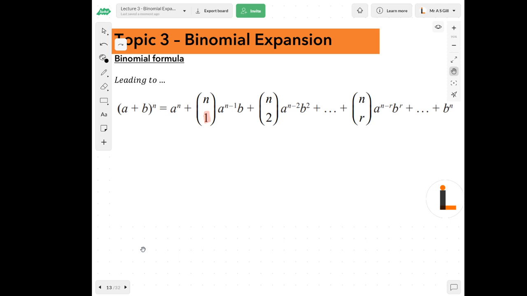So here, you can see that these indices match the highlighted indices, but let me choose a different one. So I've got some blue highlighting there, right? So that bottom part of the choose function must match either the power of A or the power of B. As long as that happens, the key thing then is to understand that the powers of A and B must add to give you the top of the choose function.